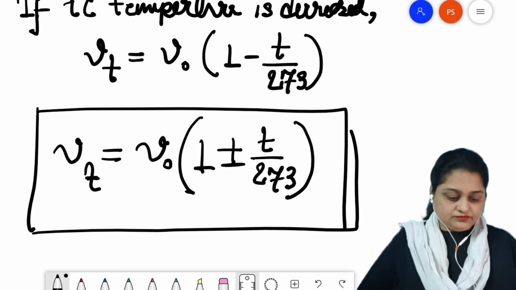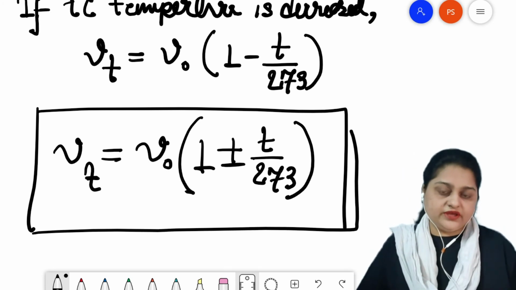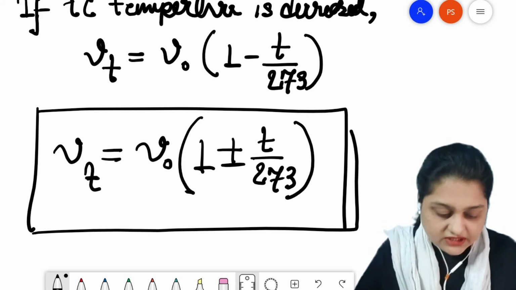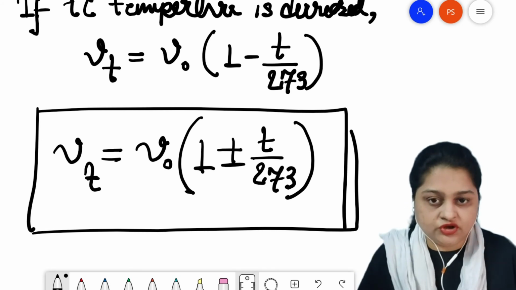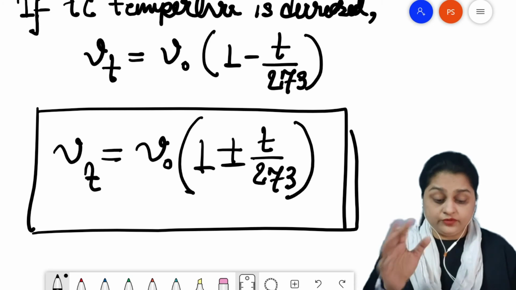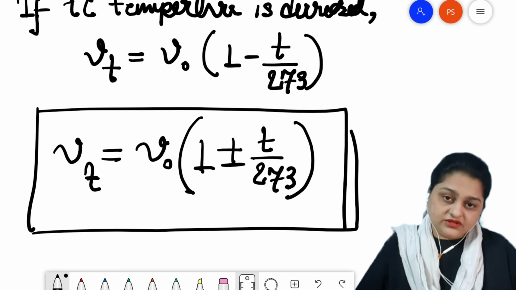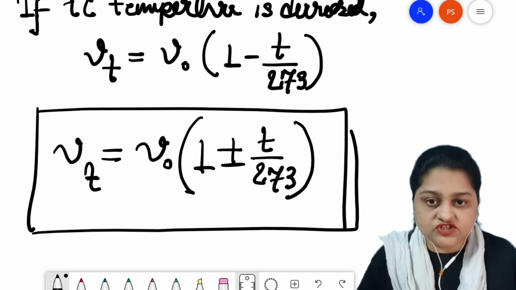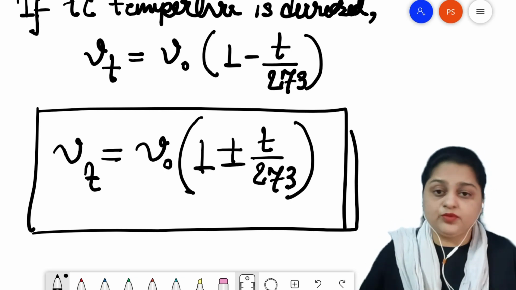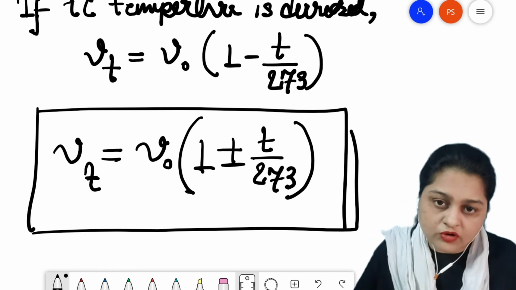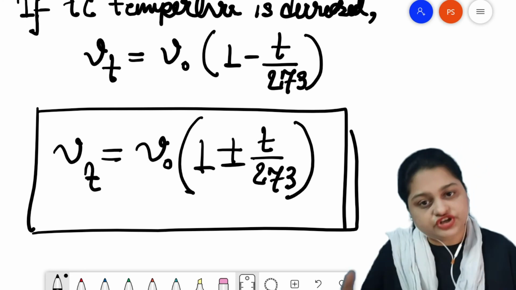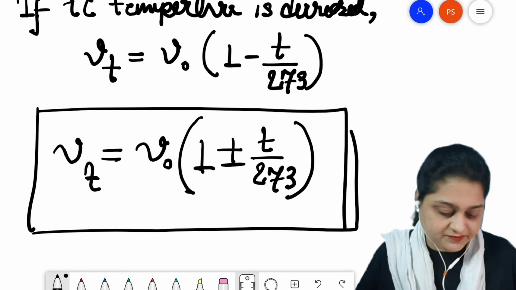So at the end, what we can say is that Charles observed the variation of volume with respect to the variation of temperature for gas, and he observed that the volume of a certain amount of gas is directly proportional to the temperature. If temperature increases, volume also increases. If temperature decreases, volume decreases.